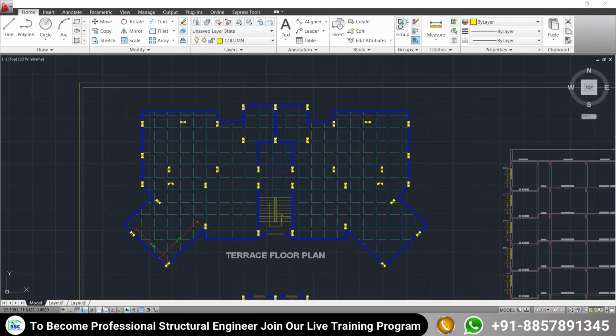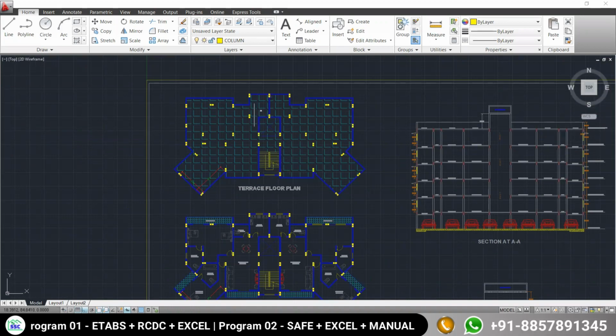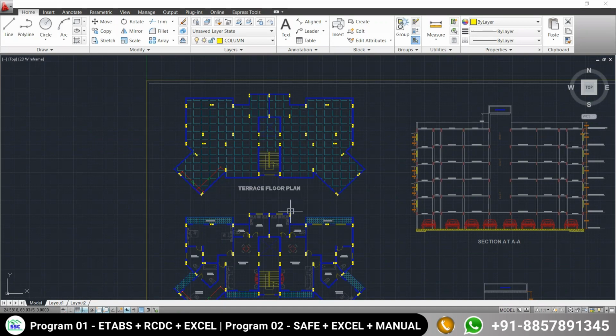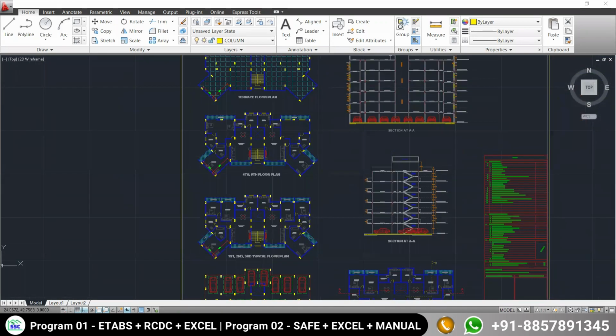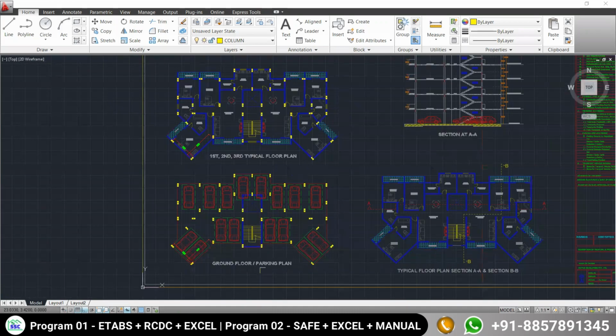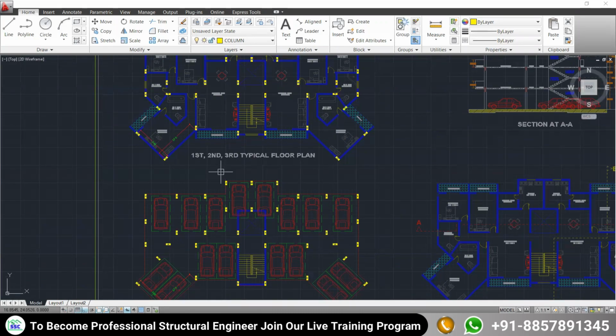The column positions that come on the last floor, the same column positions you have to take on the terrace also. So there is not much discussion about the terrace floor. Now after finalizing the column position and column orientation, we have to move to putting the beams.